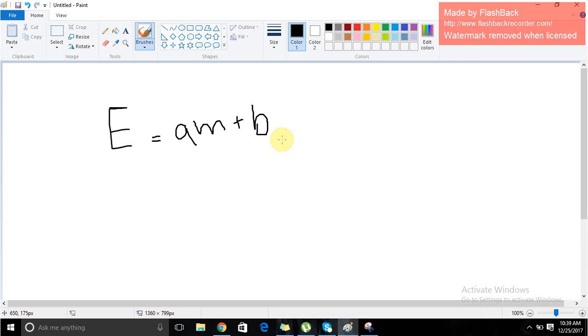so m could be the value on the x-axis, and therefore the independent variable, and E would therefore be the dependent variable, because we'd have to measure the value of E needed to bring about the particular constant temperature change for varying values of m. This is x, this is y.